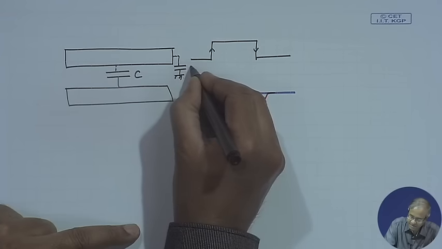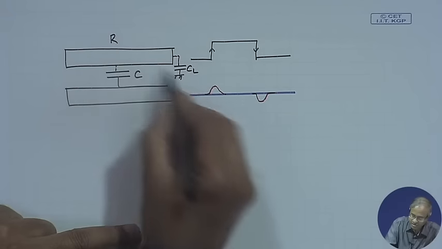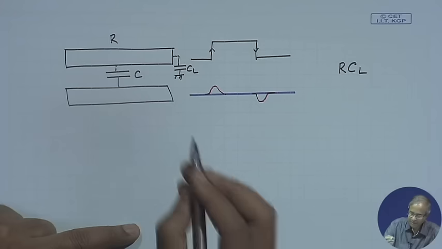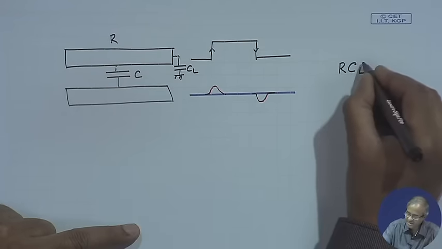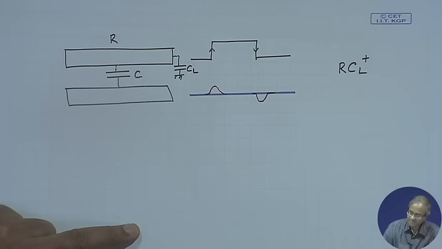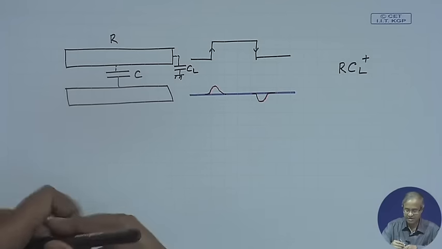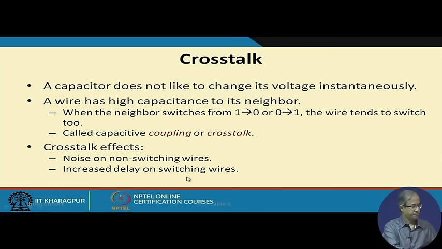If this is CL and this resistance is R, there was the RC delay proportional to RCL, but now because of this C also coming into the picture, the CL value will be increasing. So, the RC value also will be increasing, that is why the delay on this signal line will also increase.